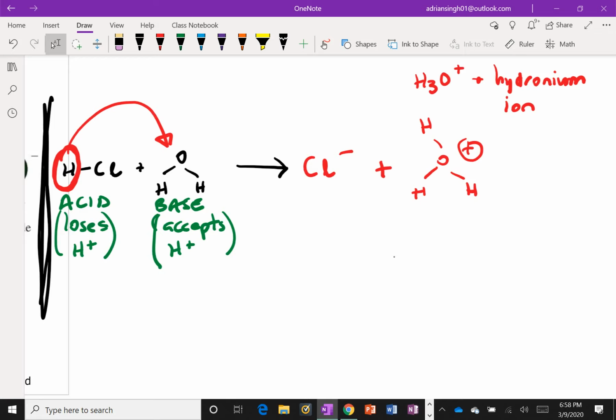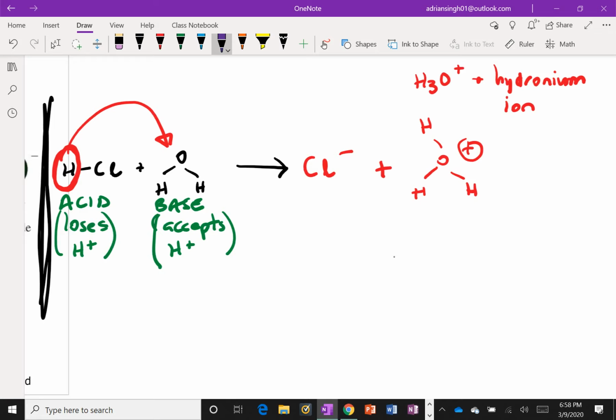All right? So we end up forming on the right side two things that are related to the two things on the left. So the HCl, what is it most related to on the right side? What does it look like the most? The H3O plus or the Cl? The Cl, right?